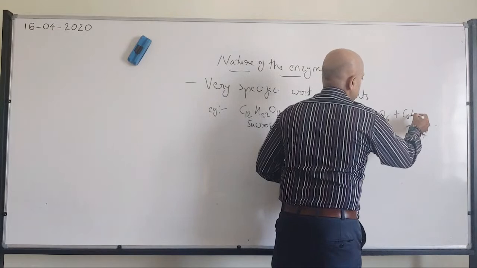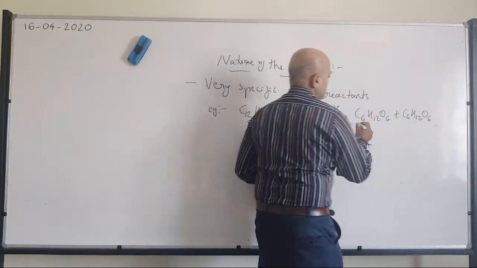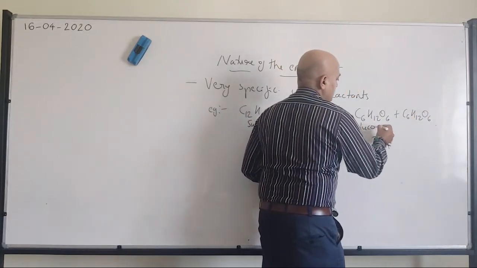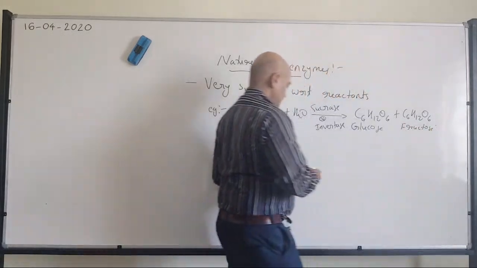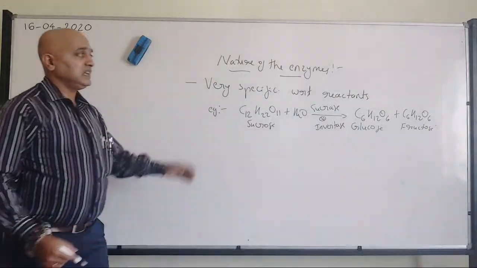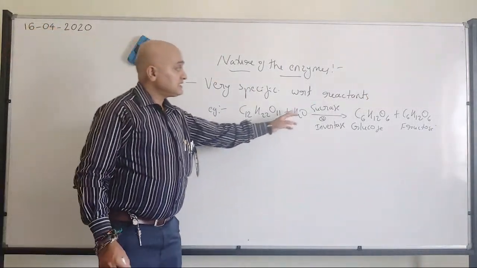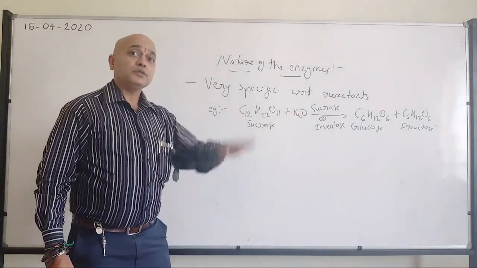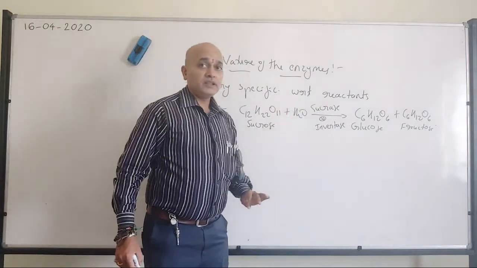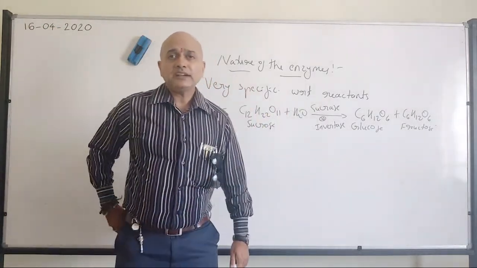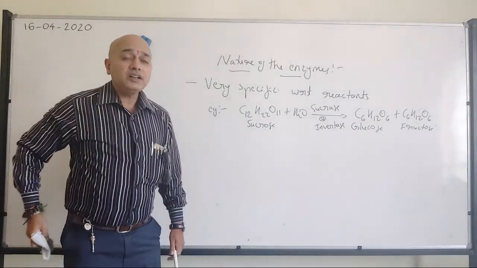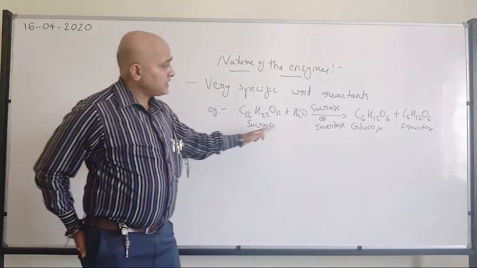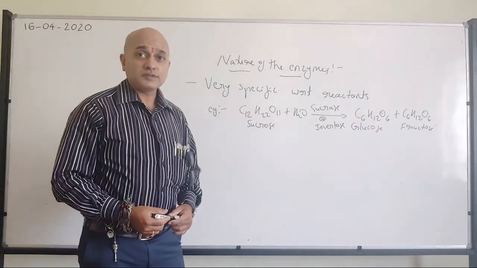Sucrose is C12H22O11, and with water it gives C6H12O6 plus C6H12O6, that is glucose and fructose. Now, this reaction can be catalyzed only by invertase. No other enzymes can act on sucrose for the hydrolysis of sucrose.